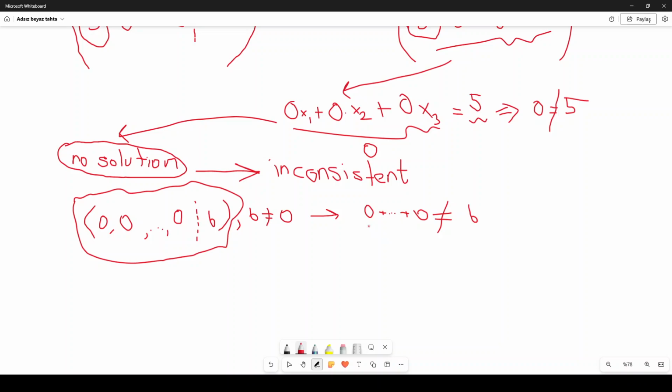This will never be satisfied, so we have the no solution case, and we can conclude that our system is inconsistent.